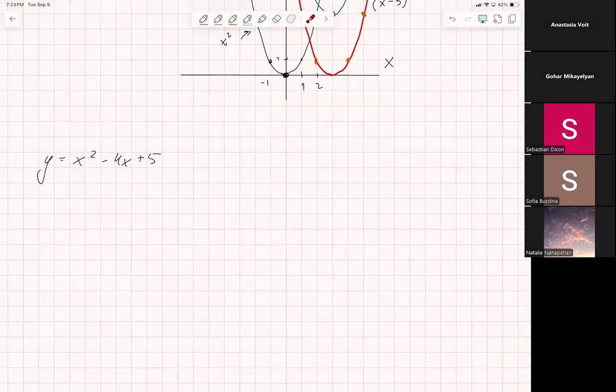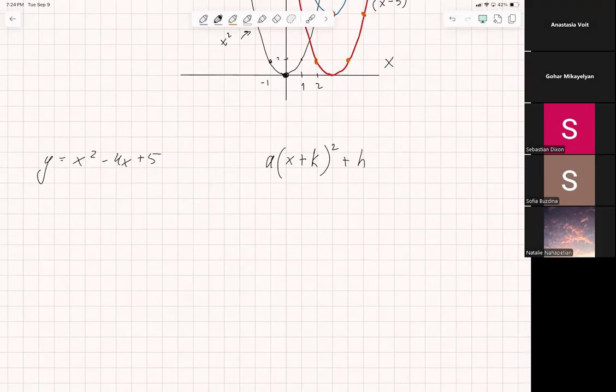And I don't want you to graph it with the discriminant and finding the y-intercepts. I want you to complete the square to have it in a form like a(x plus k) squared plus h, something like this.